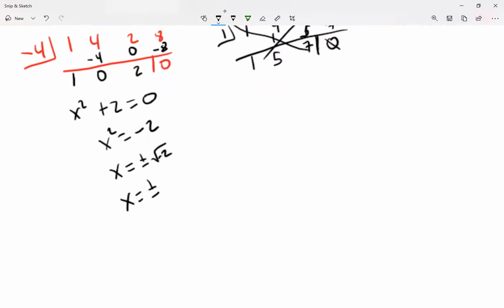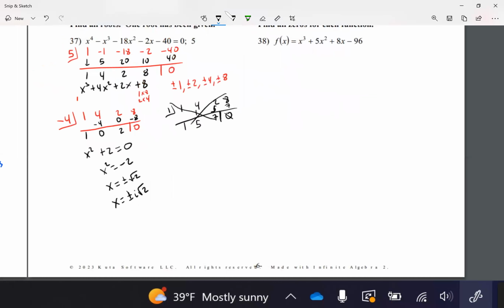So x equals positive or negative i radical 2. Okay, so all my roots are going to be 5, because remember that one worked, negative 4, because remember that one worked, positive i radical 2, and then negative i radical 2. That's it.